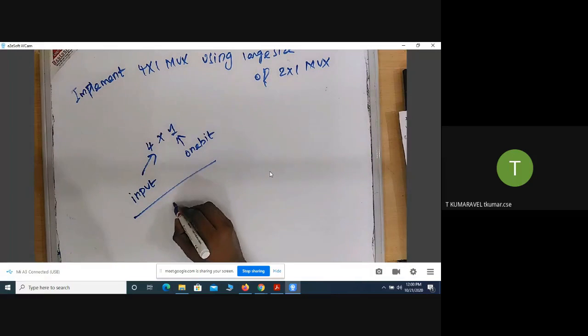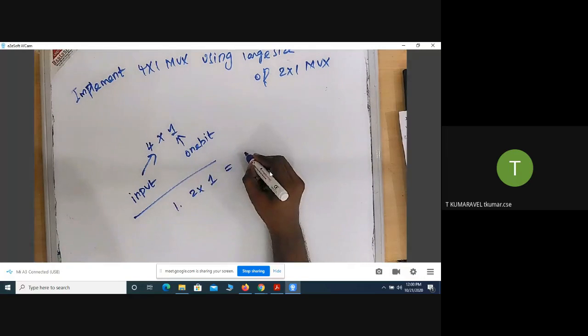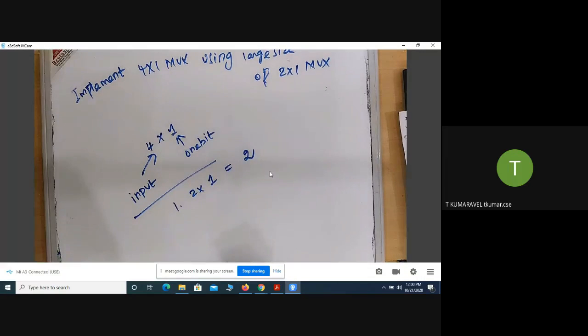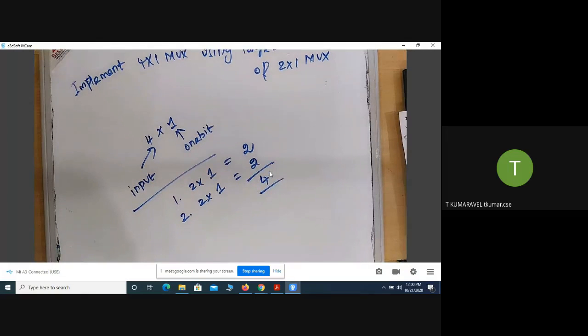If we take one 2 by 1 multiplexer, what happens? It's going to take 2 bits as input. But you want to take input as 4 bits. So how many 2 by 1 multiplexers are required? We need one more 2 by 1 multiplexer. Then only it's going to take input as 4 bits. In such a way they will ask you.